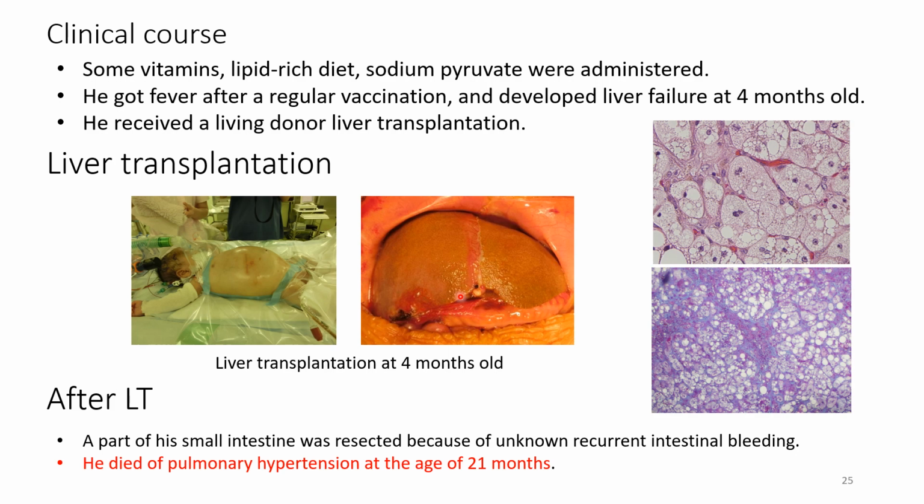He had remarkable ascites and significant edema. Histology of the isolated liver showed severe steatosis and fibrosis. After liver transplantation, a part of his small intestine was resected because of unknown recurrent intestinal bleeding. He died of pulmonary hypertension at the age of 21 months.